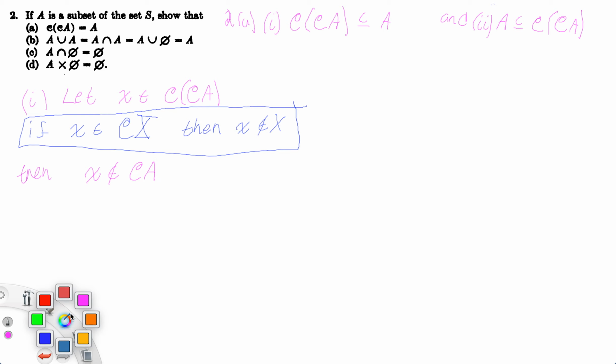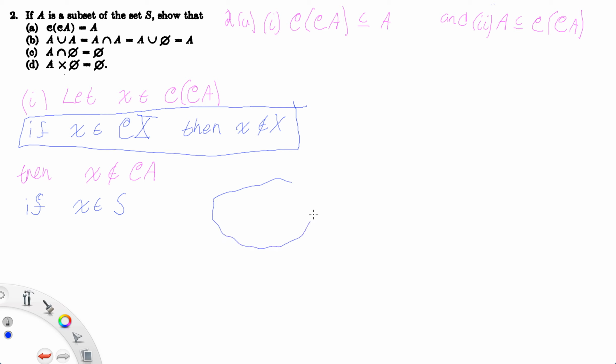And this leads us to our second point. If x is in the universal set S, so here's our universal set S, and then here is our set that we care about, A. Of course our set A could be the empty set. It doesn't specify here, but let's just draw it as a non-empty set.